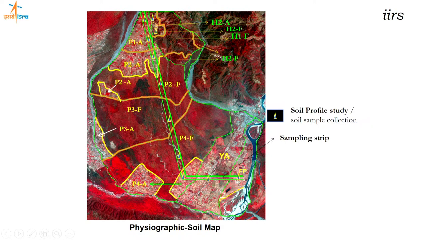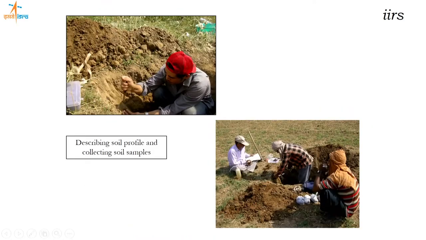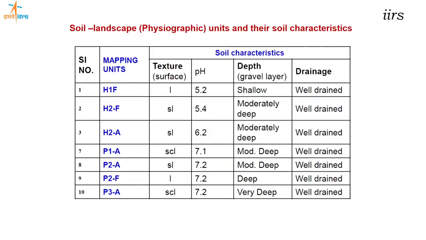Here you can see the soil profile locations have been shown to study, and you go to the field, characterize, take the samples, surface or subsurface. If you are interested in the profile study, you study the soil profile, take the samples and analyze in the laboratory texture, pH.